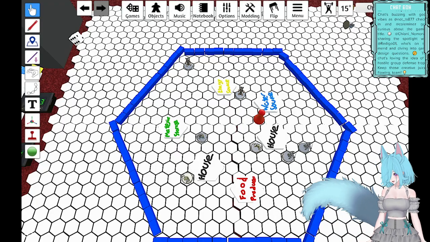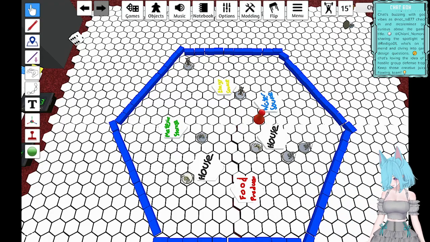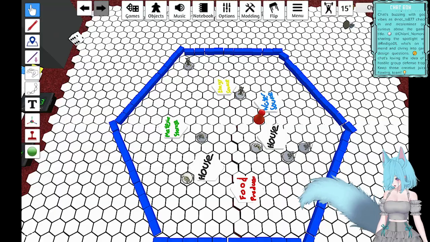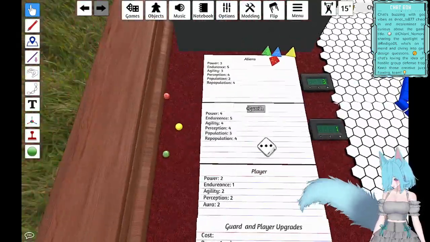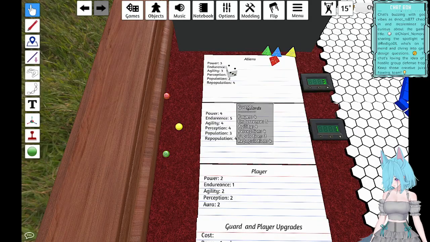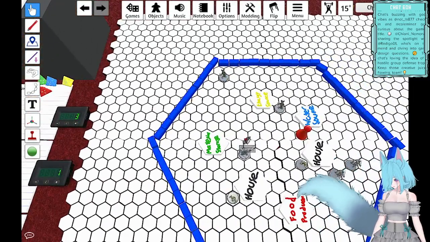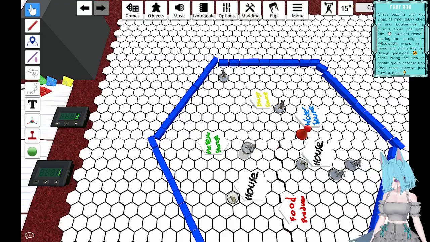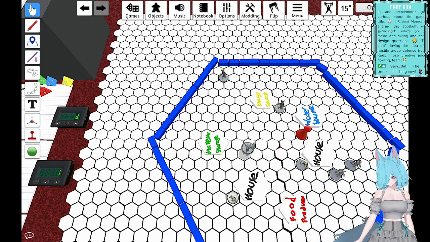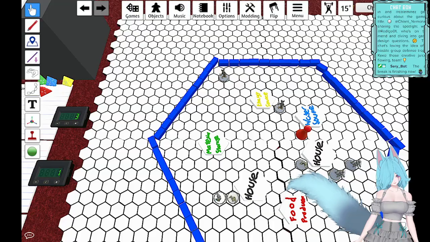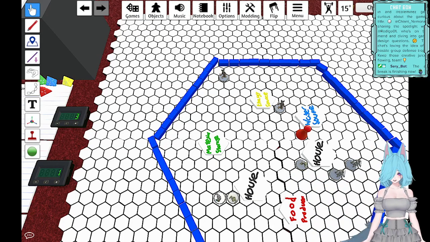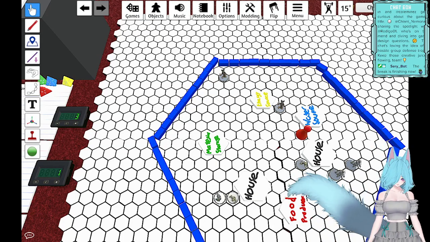And now for the guards. He sees the wall, so he's gonna move somewhere else. Two. 1, 2, so he is going to turn this way. And just straight up say hi to the civilian. Oh, also, the civilians do give us resources.